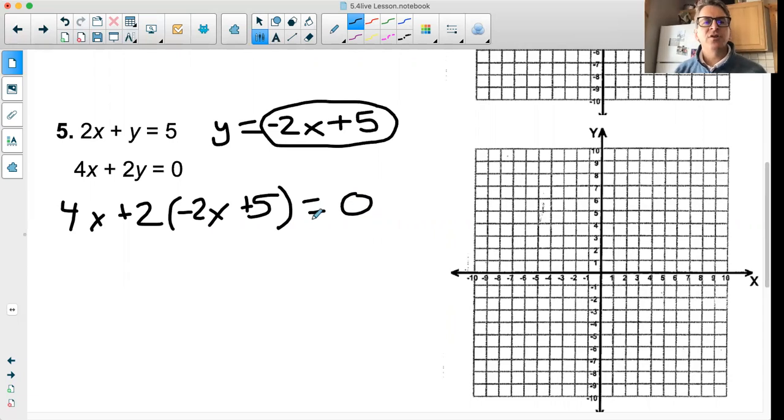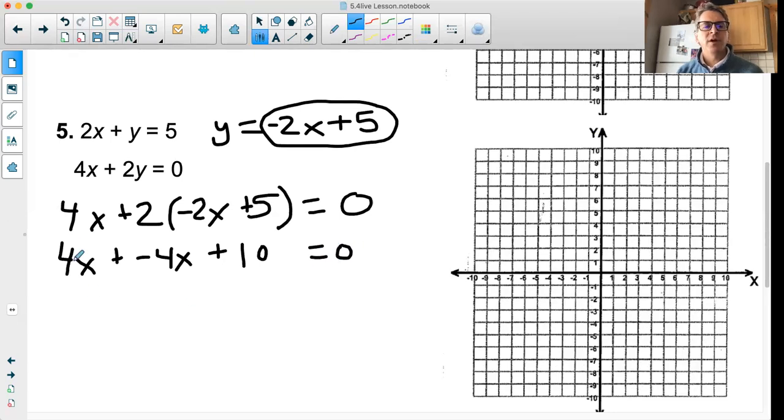So that's substitution. Let's go ahead and solve it now. Everything's in terms of x. Distributive property: 4x plus 2 times -2 is -4x. 2 times 5 is 10. And that's equal to 0.